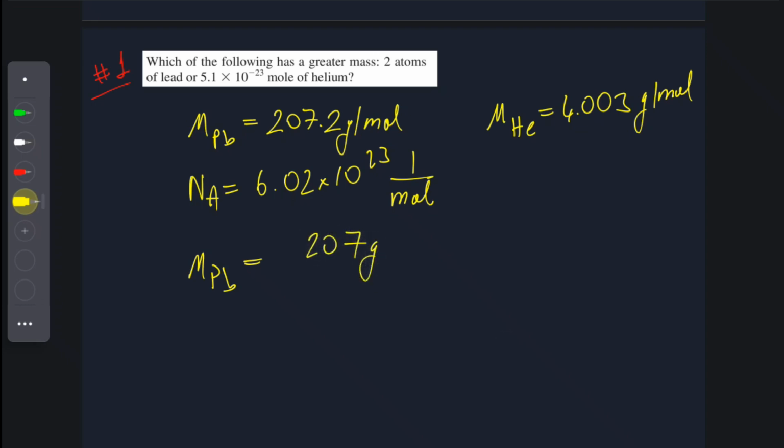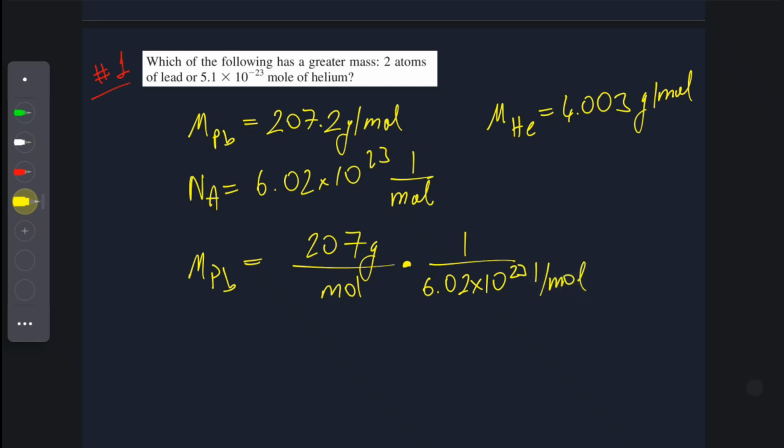We know the molar mass of the lead, and we know the Avogadro number, and I want to get rid of the mole here basically, so I should divide by Avogadro's number, 1 over mole.